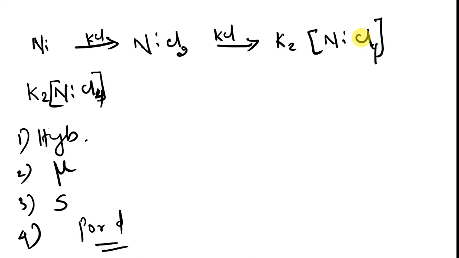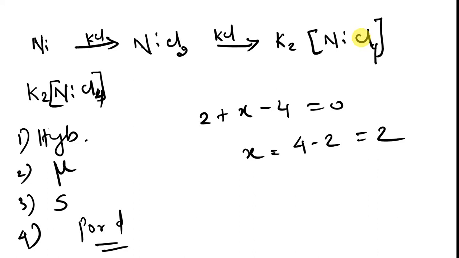Hybridization. Here, what is the oxidation state of Ni? The oxidation state of Ni: 2 plus x minus 4 is equal to 0. So x is equal to 4 minus 2, that is equal to 2.